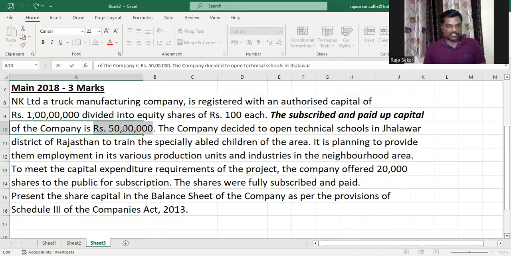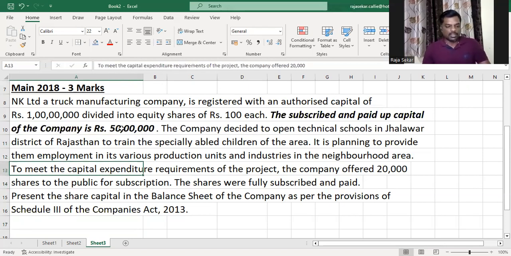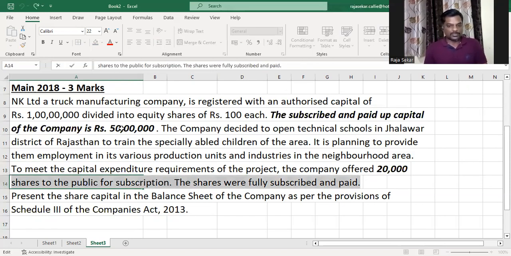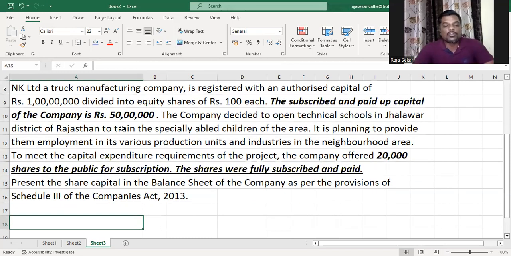Whatever is there in between is just nonsense. You can ignore it. And now the company is offering 20,000 shares to the public, which is also fully subscribed and paid, as evidenced by this. Understood or not, my dear children? And there is no evidence of any calls in advance, calls in arrears, or anything.